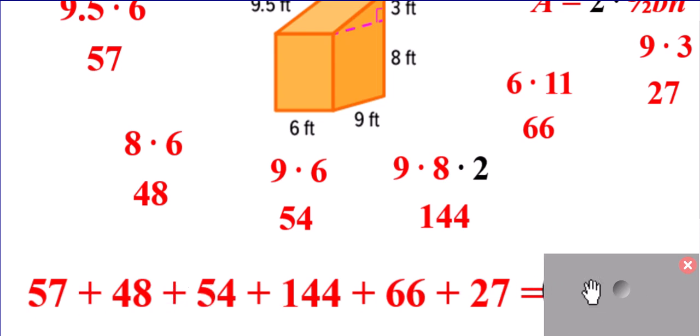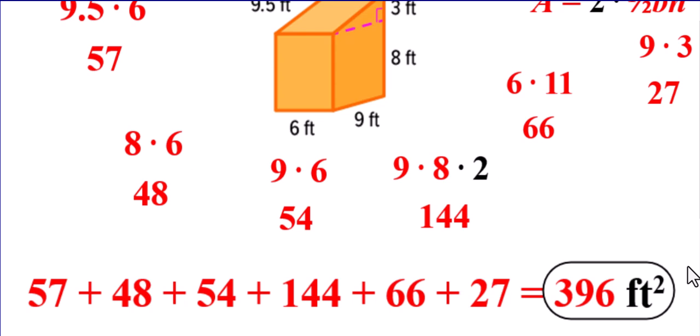Add those in your calculator. Please feel free to do that right now. Hit pause if you need to. And that should give you 396 square feet. And since this is now the final answer, I will label it square feet. Not cubic feet, it's not volume, it was surface area.